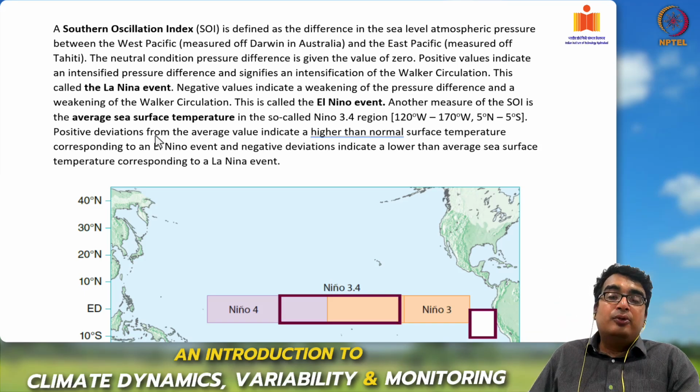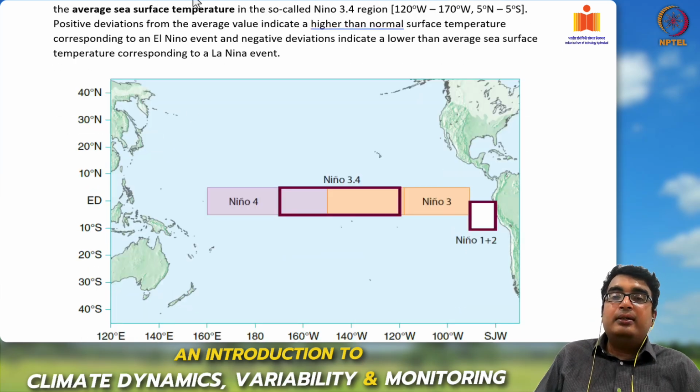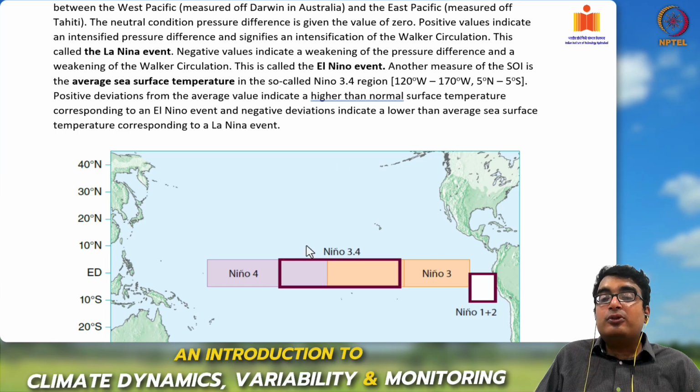Another measure of the Southern Oscillation Index is the average sea surface temperature, which is done in the Nino 3.4 region, somewhere here you can see. Okay. 120 degrees west to 170 degrees west, 5 degrees north to 5 degrees south.